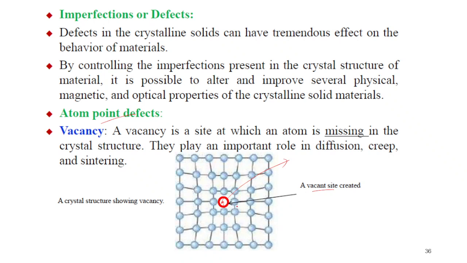When that vacancy is created, it's a hole, right? So the other atoms containing the electrons will try to come closer to it. A hole means it will be more positive, but these atoms will have electrons surrounding them, so they will be more negative. They will start coming closer together, and as a result, if a vacancy is created, there will usually be a compressive force acting on the bonds of the surrounding atoms.